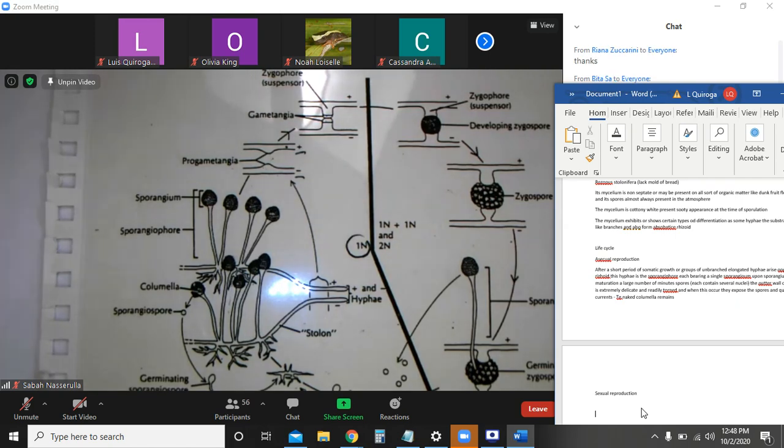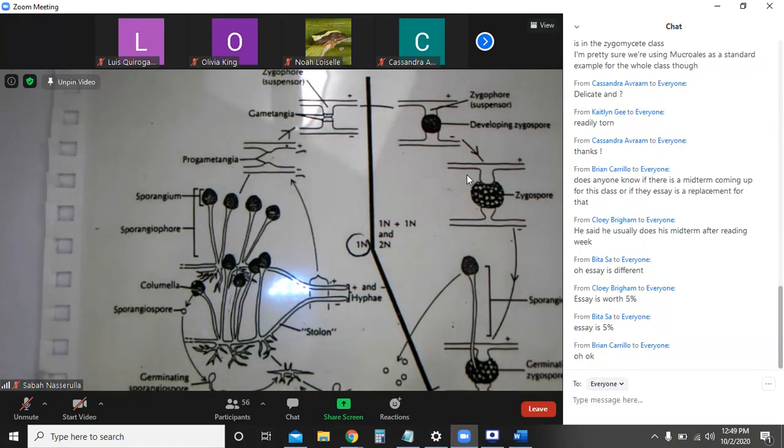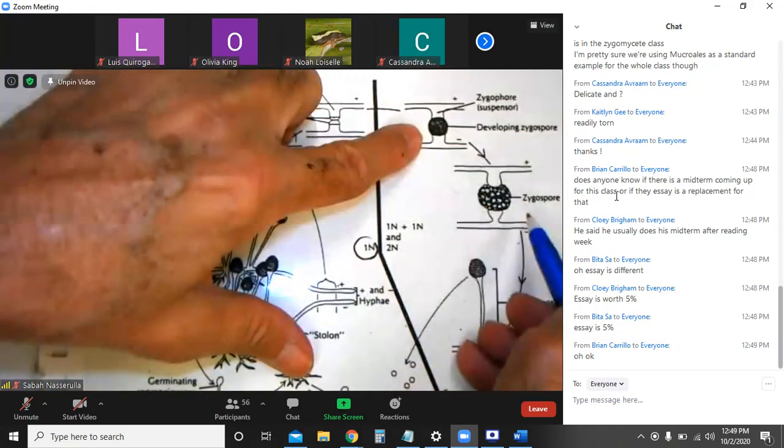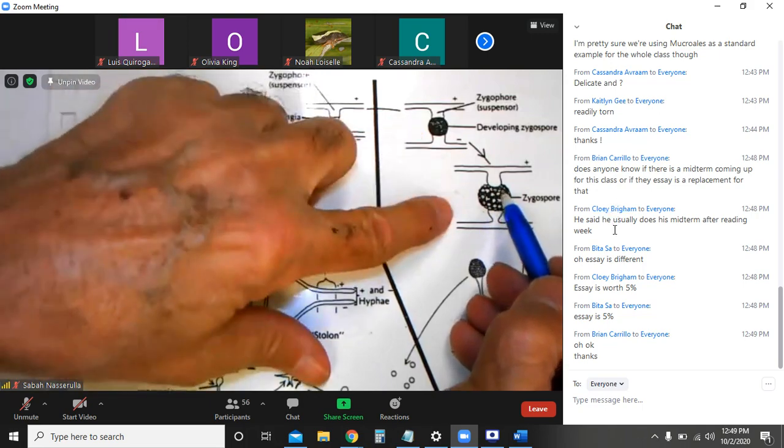But in the end, each pair of nuclei from plus and minus unite, and each one forms a zygote and becomes a zygospore. All the nuclei which do not unite are going to disintegrate. That's why later on a thick wall will develop around the whole structure.